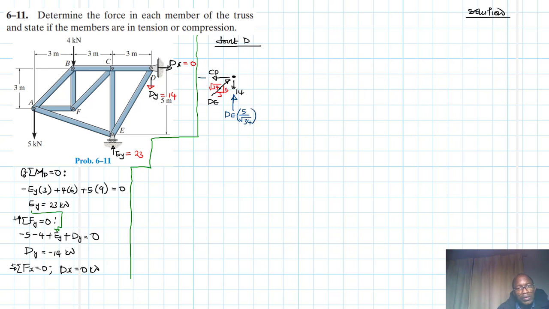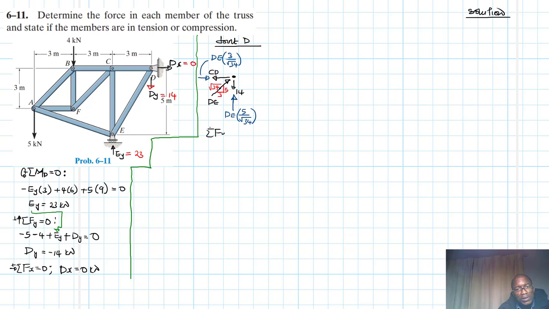Then we'll have another one, DA by run 3 divided by root of 34. Okay, so let's start with the y.